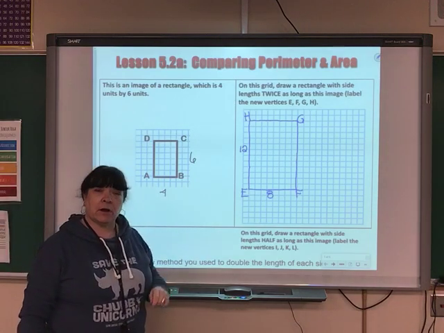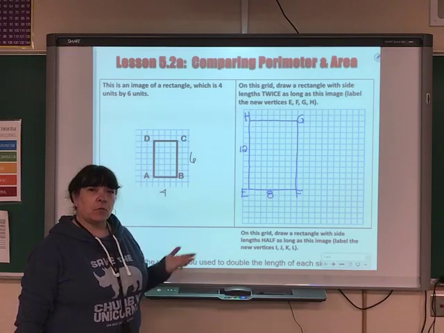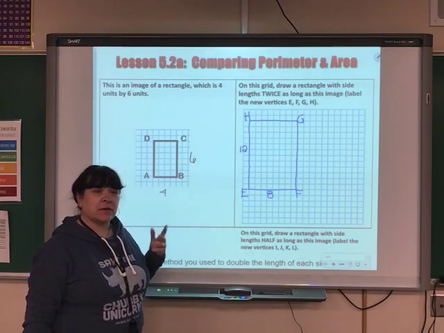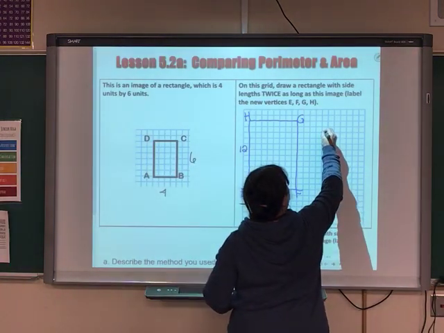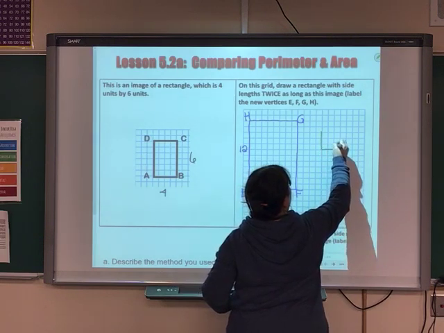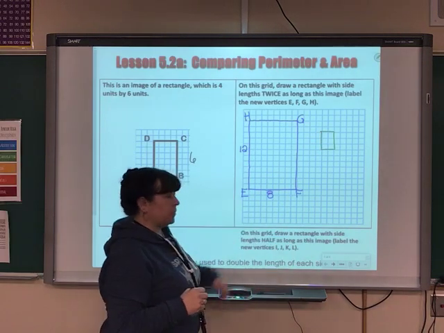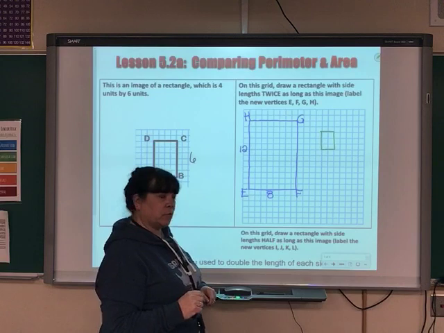We're going to do our other one also on the same grid paper, half as long. Well, half of 4 would be 2, half of 6 would be 3. So I'm going to draw one that is 3 and 2, and then 3 and 2. And it says to label these vertices, so we're going to go in the same corresponding directions.